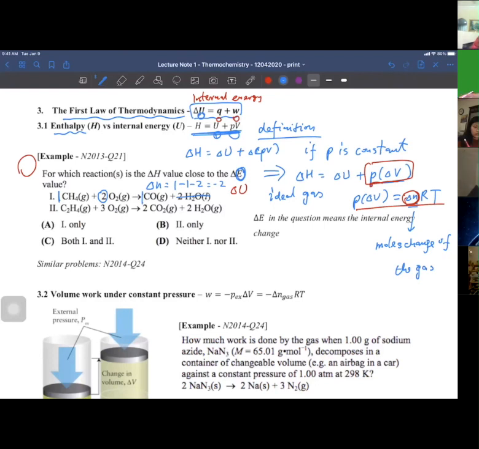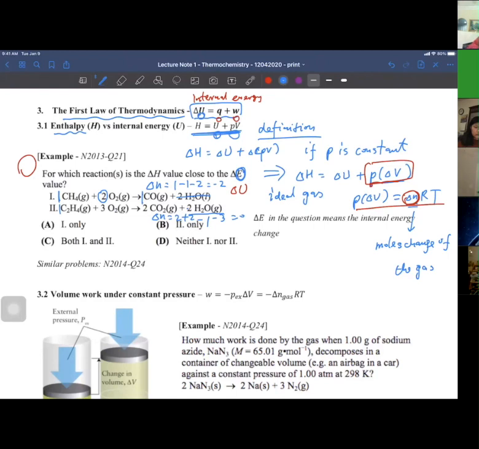It's still products minus reactants, because it's final minus initial, right? And the second one, the delta n will be, these are gases, 2 plus 2 minus 1 minus 3, which is 0. So I think the second reaction is actually what we are looking for.